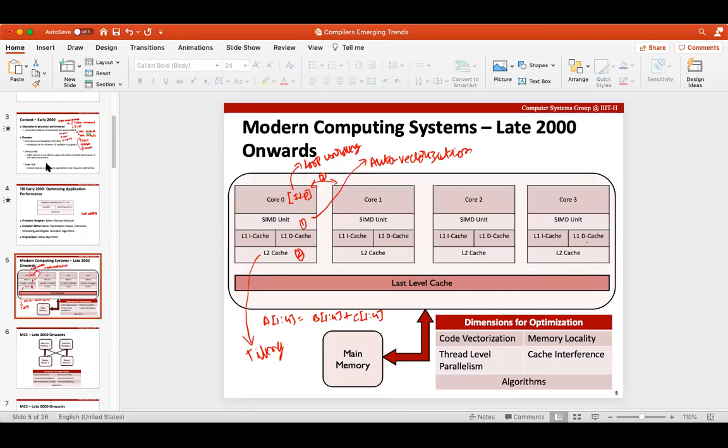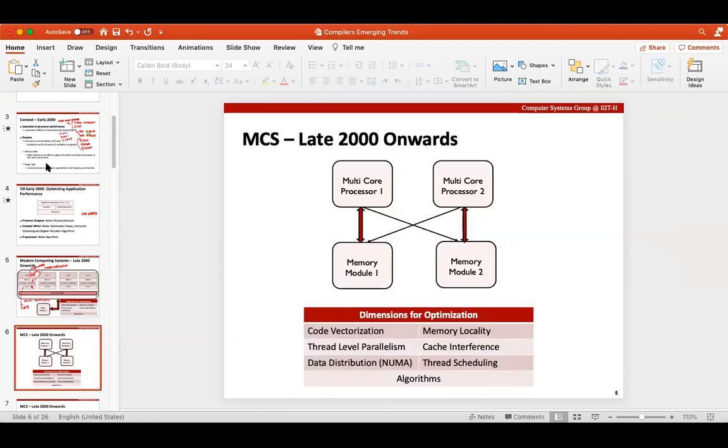In order to get good performance, you need to know how to use the cores well, exploit instruction-level parallelism within a core, SIMD units, caches, and so on and so forth. And then when we go to the next level, you can have multiple cores within the system, and you can have multiple memory modules. Some memory modules could be local to a core, and some other memory modules may be non-local to a core.